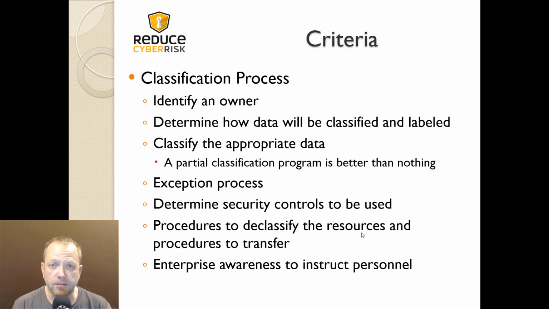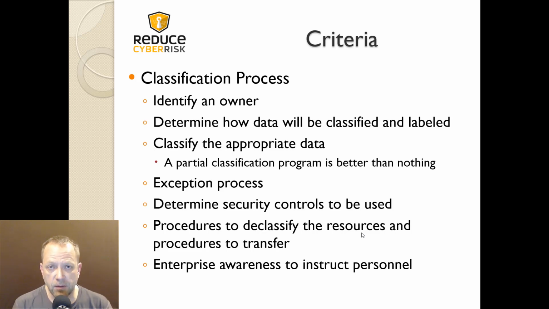It's also important to have some level of enterprise awareness around what you're trying to accomplish. So you need to talk to individuals within your company that are going to be managing your intellectual property, and what should they do to deal with it? How do they manage the IP, and what are the procedures from how they begin the intellectual property or the classification process?